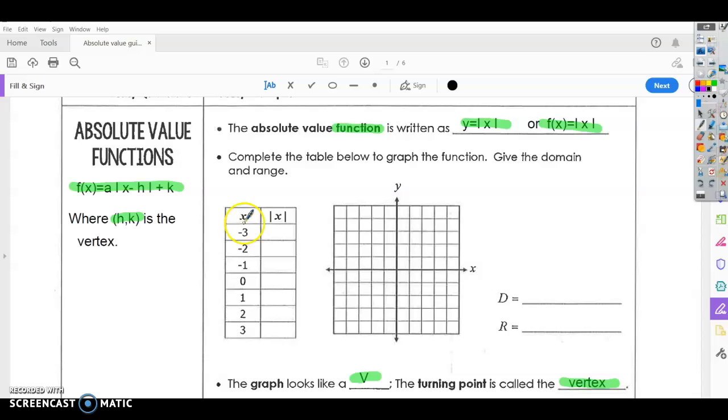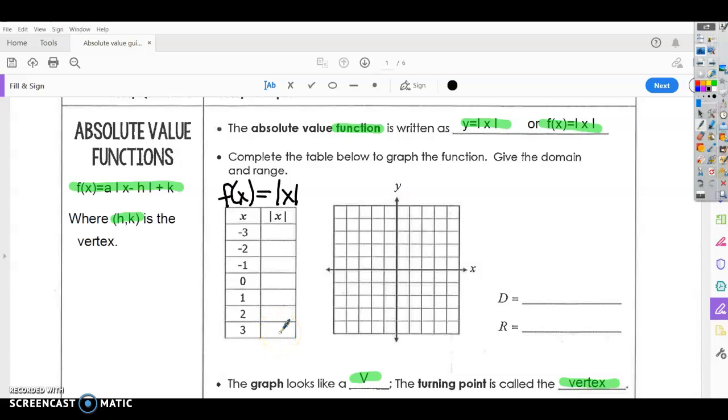So this says x, this is like your f of x. So that's your y equals absolute value of x. So we get to choose our x as our independent number.